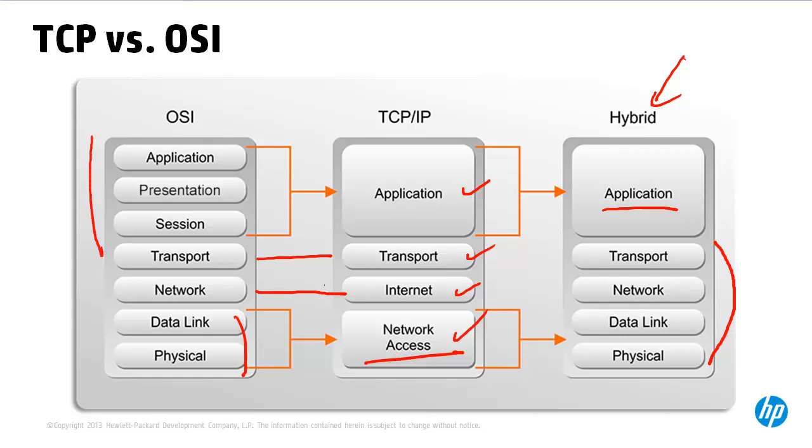Our time tends to be concentrated on getting data or information from one host to another host. The higher layers of the OSI model may be the realm of a developer or server admin, and thus a lot of network engineers will use the hybrid model but still refer to it as the OSI model. So just be aware that we have the pure OSI model, we also have the TCP/IP model, and then we have this hybrid model.